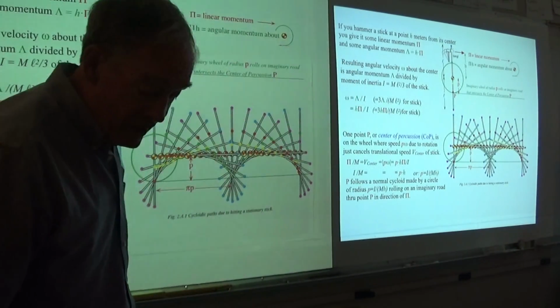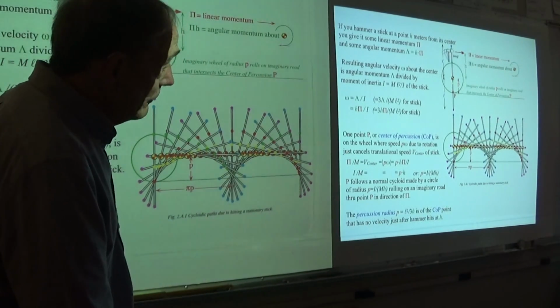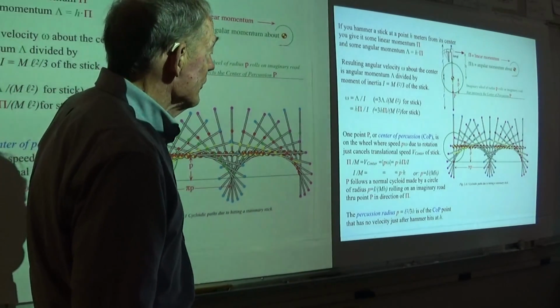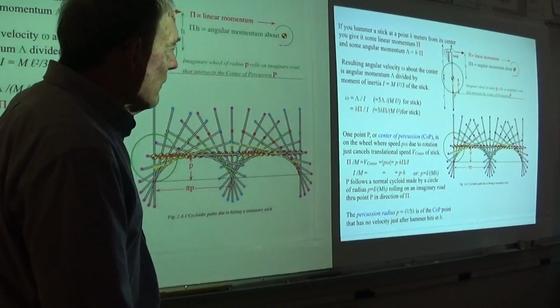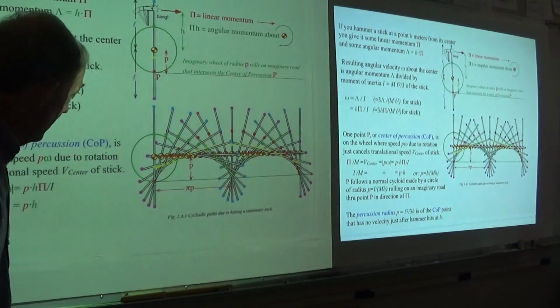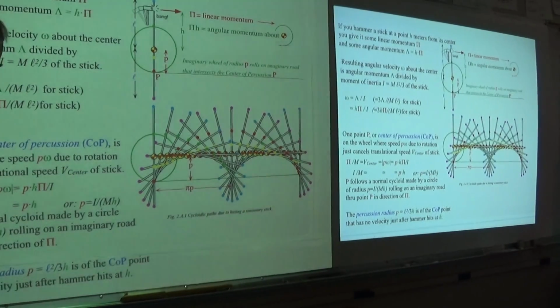In this particular case, the formula for the percussion radius, that's the center of percussion point, COP, has no velocity after the hammer has made its entry of momentum, both angular and linear.